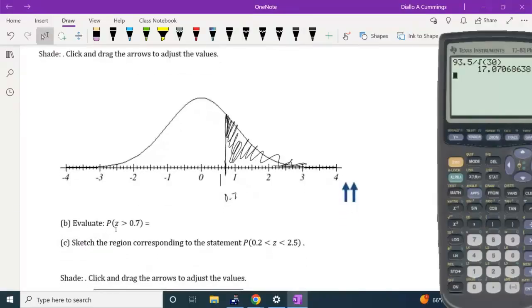And then it wants us to find this area. So we're going to use normal CDF. We're going to put in a lower limit, which is 0.7, and the upper limit, which is positive infinity, expressed as e to the 99th power. Since this is a standard normal curve, we do not have to put in the 0 or the 1.